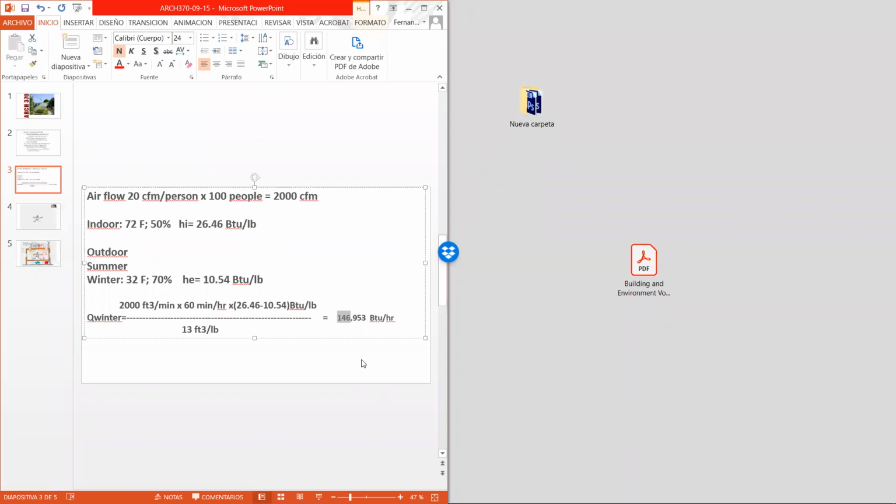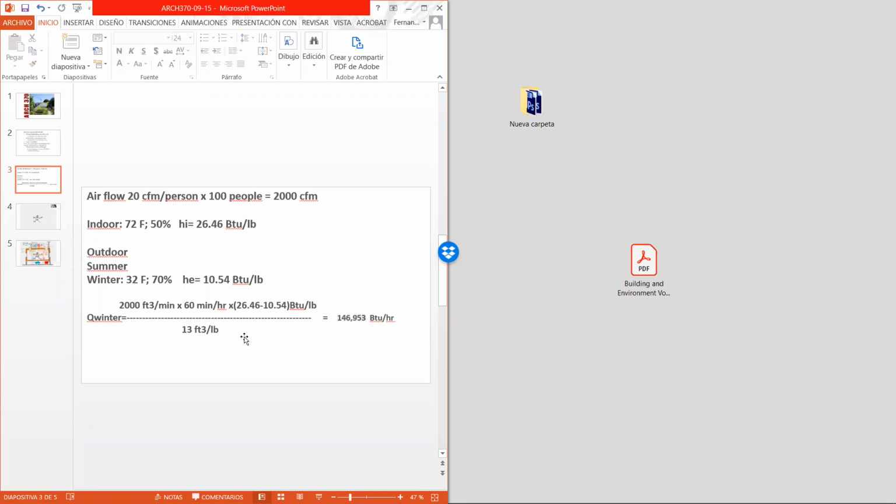Am I wrong? Okay. So it has to be something like that. It can be 130,000 or 150,000. I don't mind, because it's something close to 100 and something thousand BTU per hour.